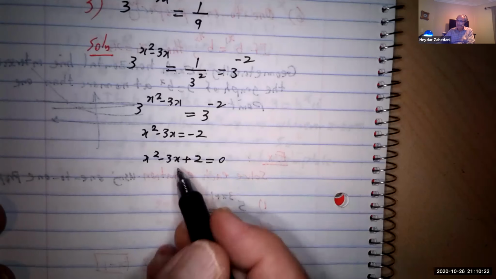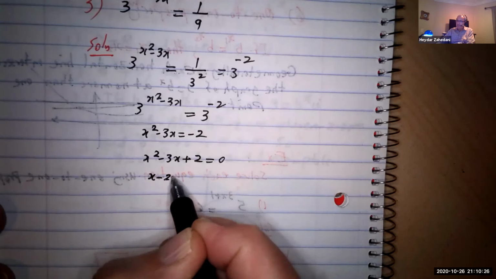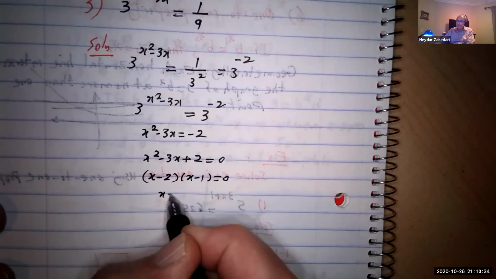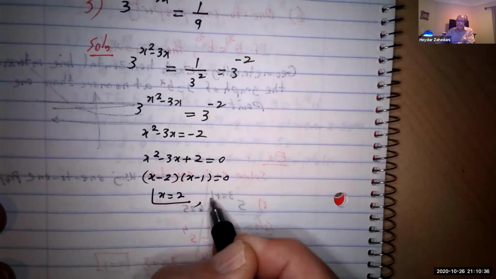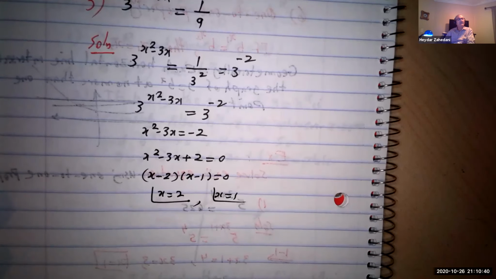Okay, so that will give us what? It would give us x minus 2 times x minus 1 equal to 0. So we have two solutions. x equal to 2 is one solution, and x equal to 1 is another solution.